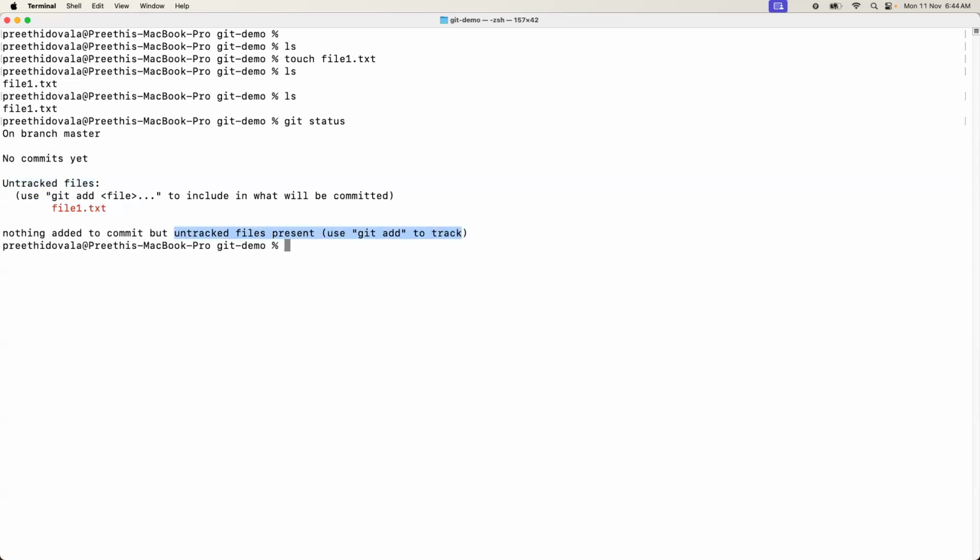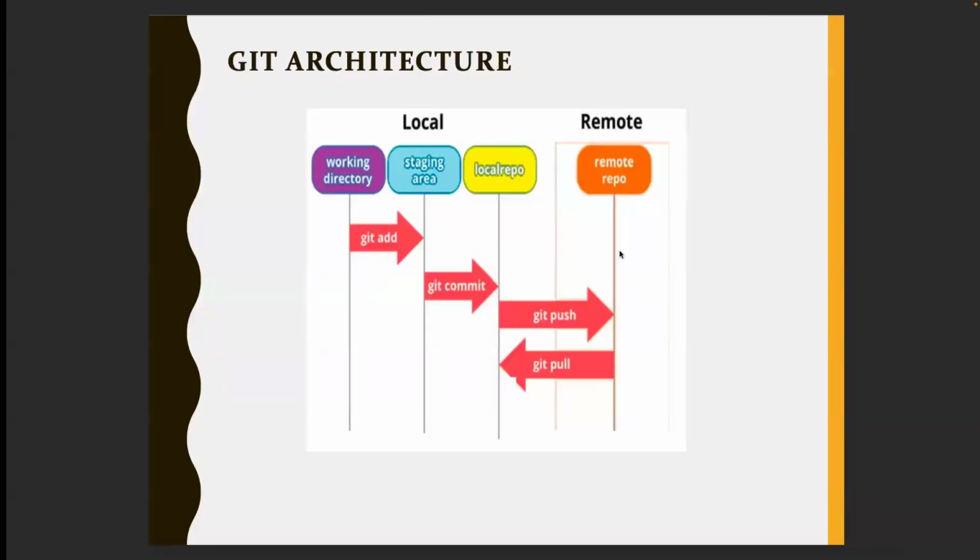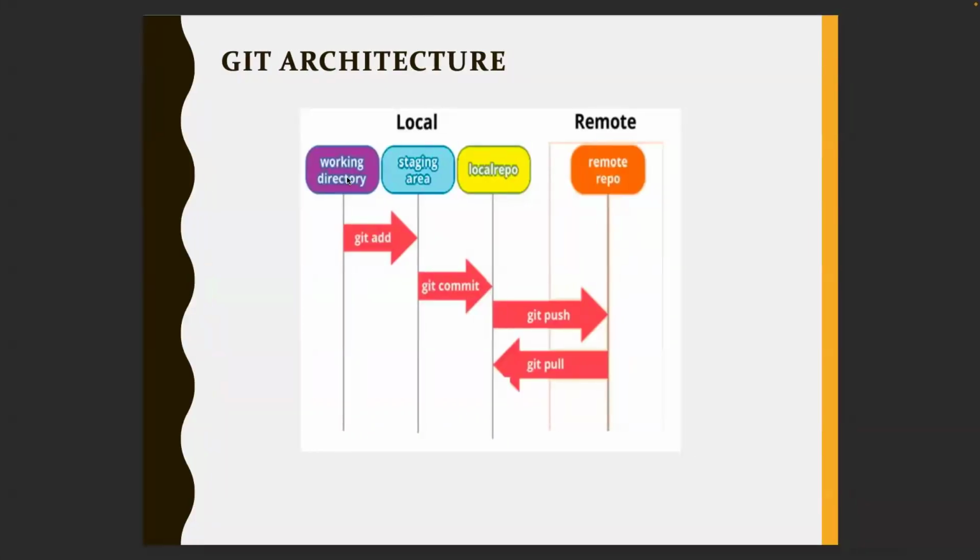Now, the most important thing is you have to identify where this file is with respect to the version control system. Where is this file in the sense whether it is in the working directory or staging area or local repository? Always refer to this diagram and you can answer it.